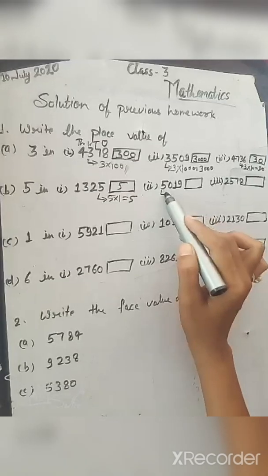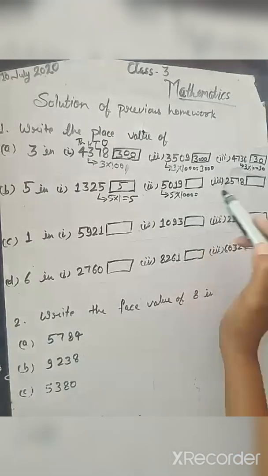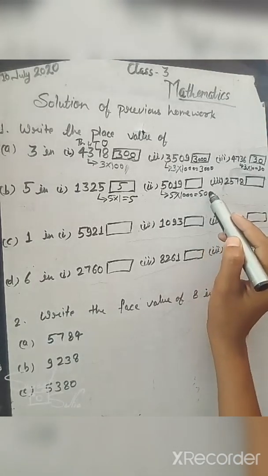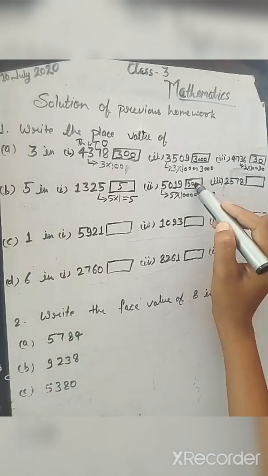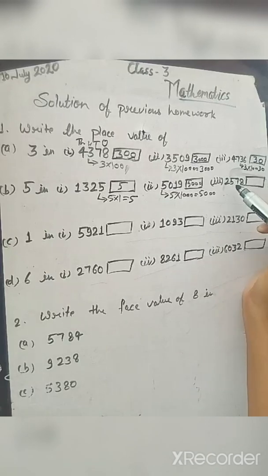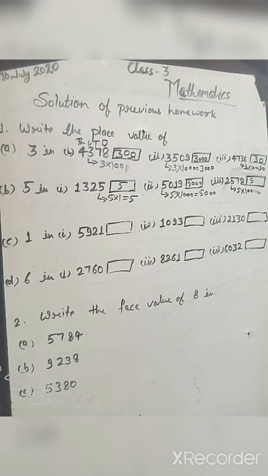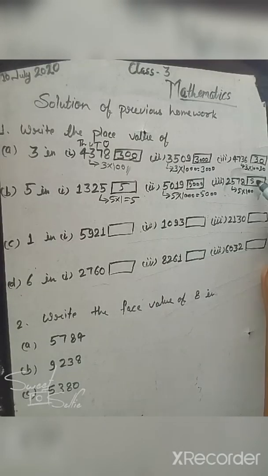In this number 5 is at the 1000 place. So we will multiply it with 1000. Then we get 5000. We write here 5000. In third, 2578. 5 at the 100 place. So we will multiply with 100 and we get 500. Okay.